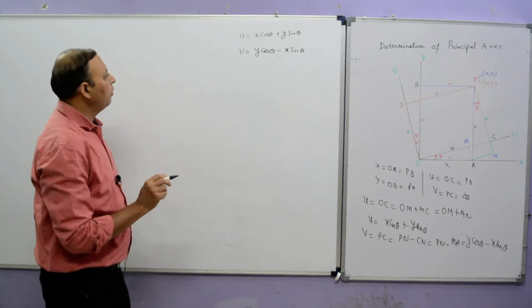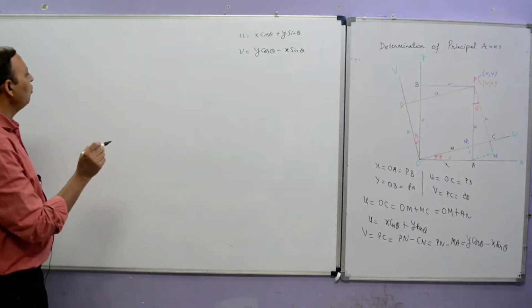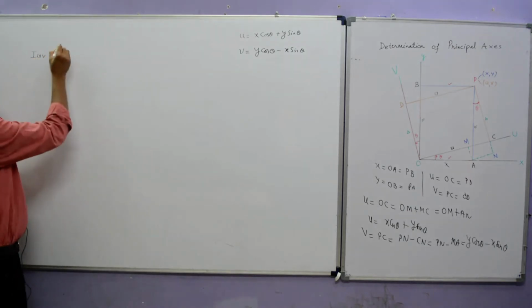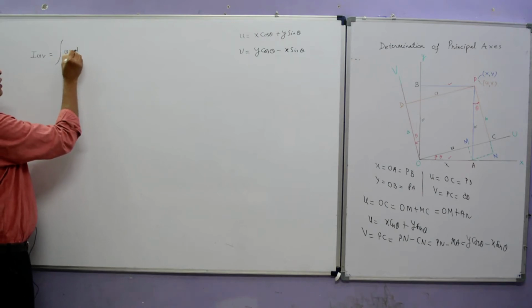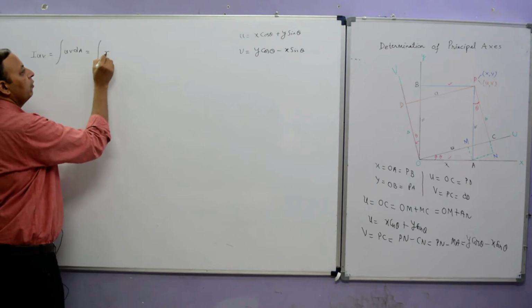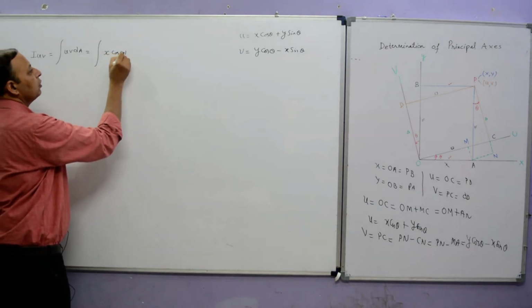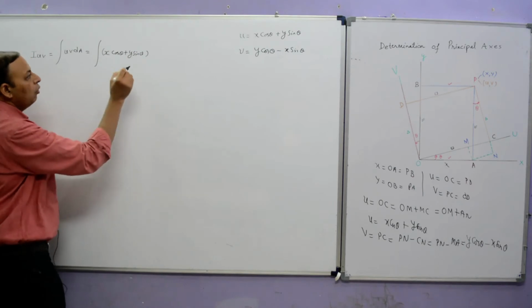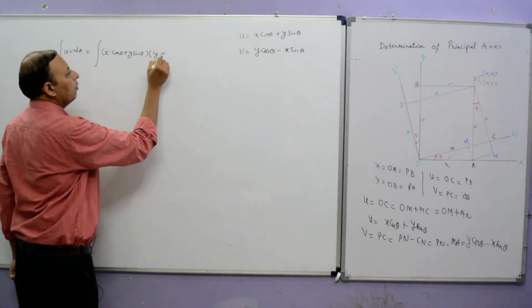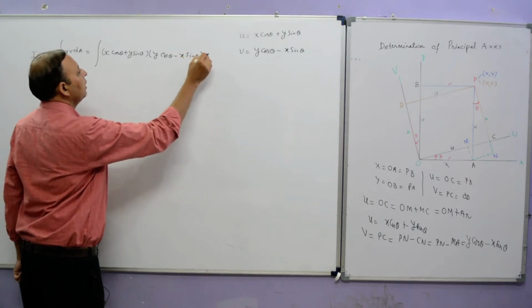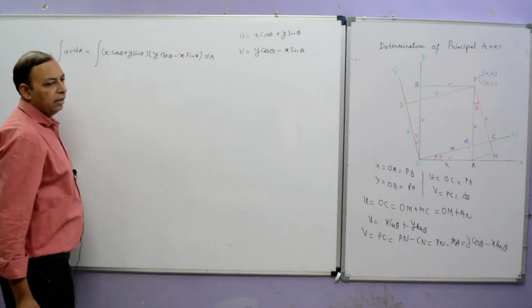Now we will calculate the value of Iuv. This equals integral of uv dA. We can write u equal to x cos theta plus y sin theta, and v equal to y cos theta minus x sin theta, multiplied by dA.